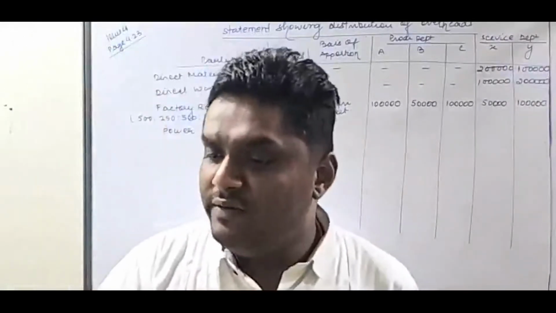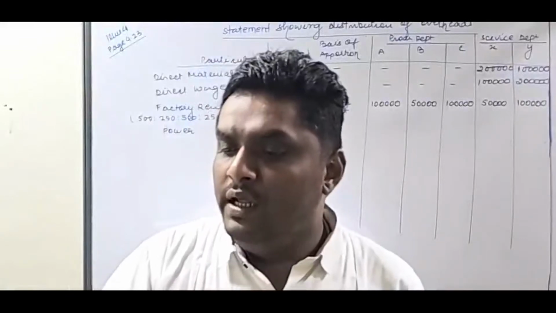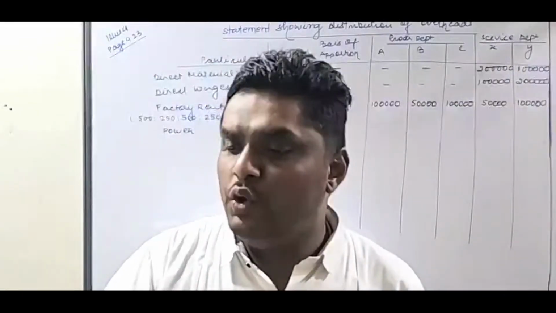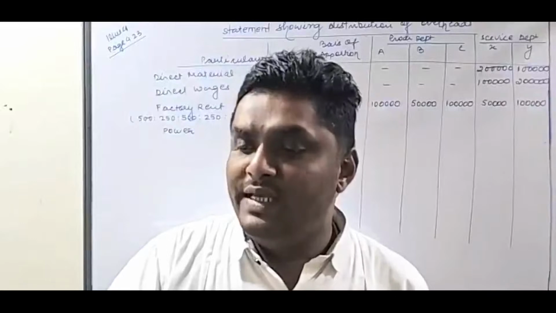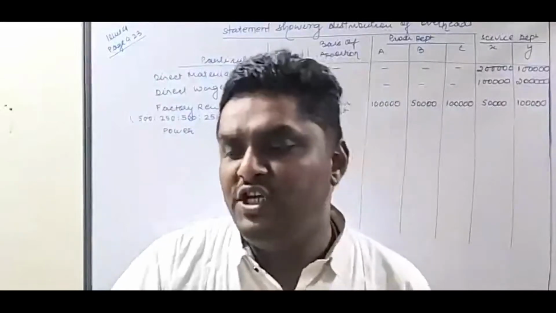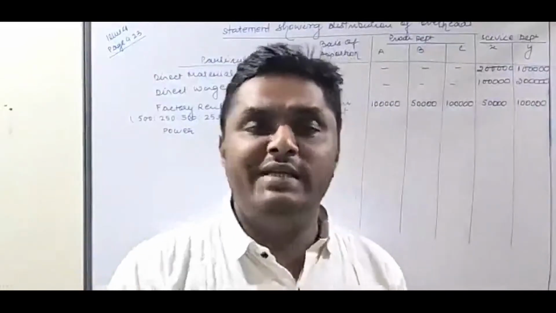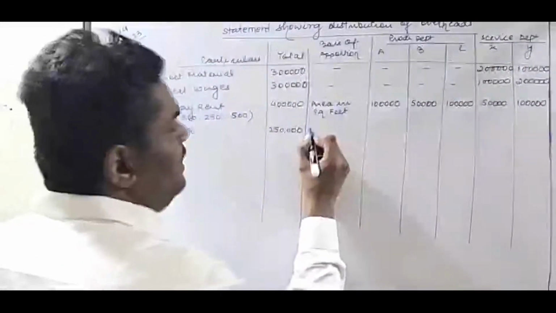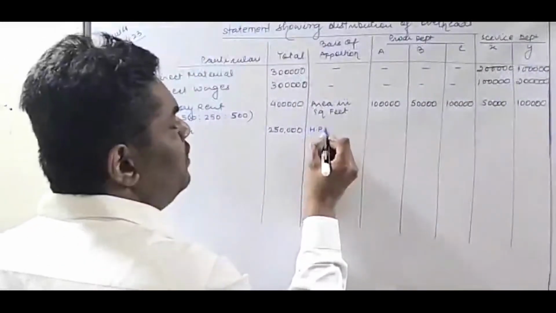The power cost is given, that is 2,50,000. It will be distributed in the ratio of horsepower. See, here horsepower is also given and machine hours is also given. So we will consider both.